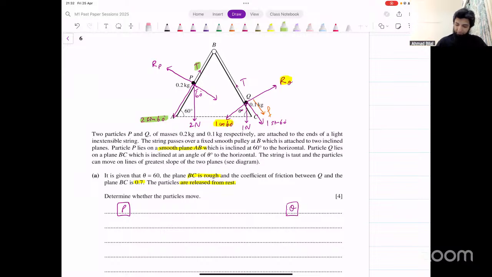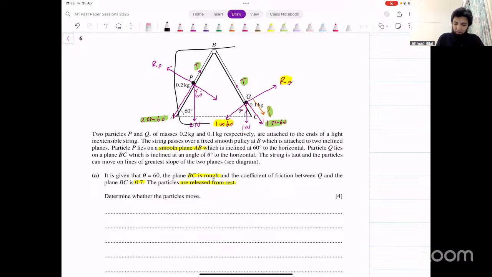right? And on Q, we have T here and 1 sine 60 and F here. Now, look at the overall system, in fact. In this case, since we have to determine whether the particles move, and we do not need the values of tension, this is actually one case in which we consider the whole system together. That will make things easier to understand. What do I mean by that?